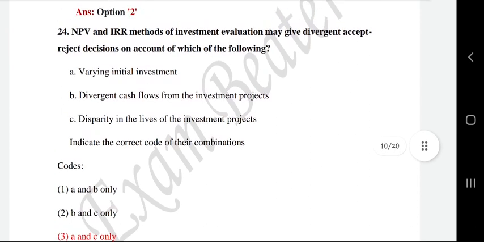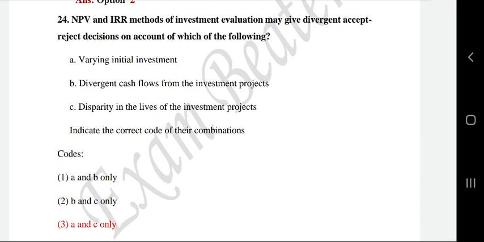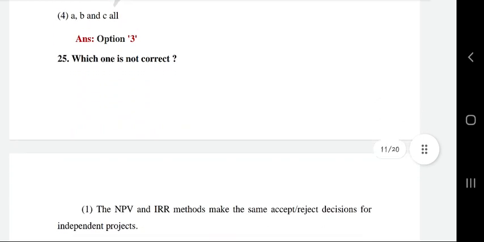A, varying initial investment, and C, disparity in the lives of the investment projects. Then 24.